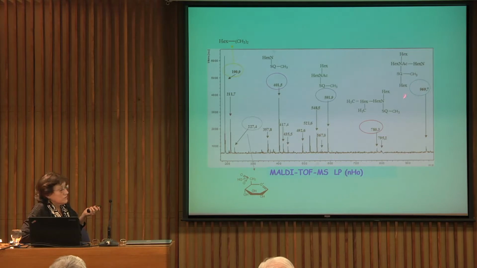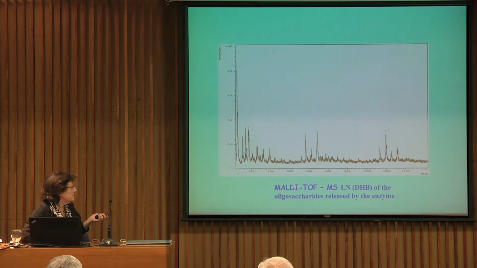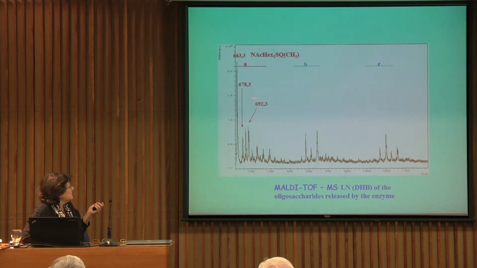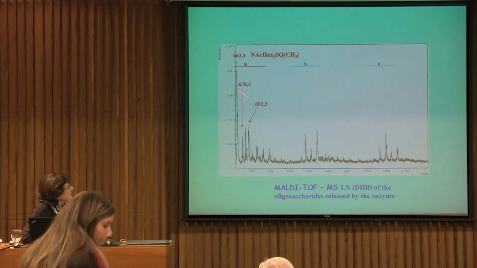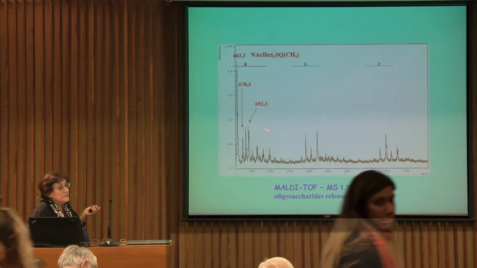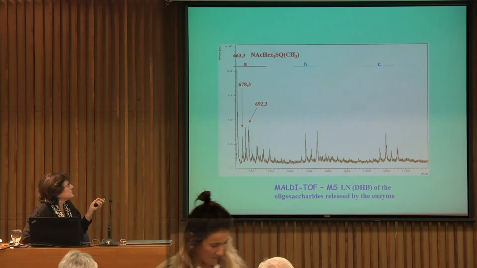So with this knowledge, we performed the MALDI analysis of all the oligosaccharides released with the enzyme. In this case, we could detect 3 clusters of ions. The first cluster corresponded to 2 hexosamines and a methylated sulfoquinovose, and it also had other ions that corresponded to different numbers of methyl groups on the same structure.